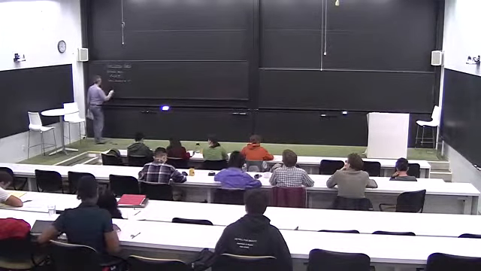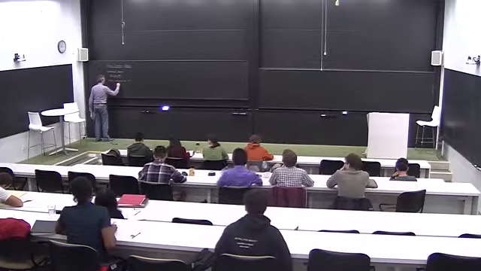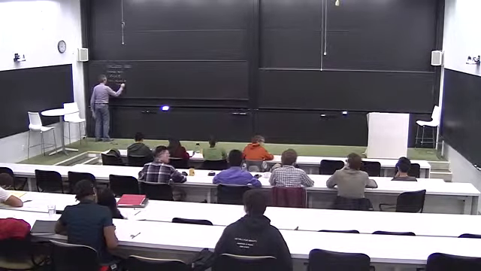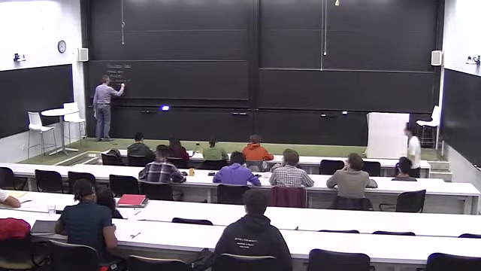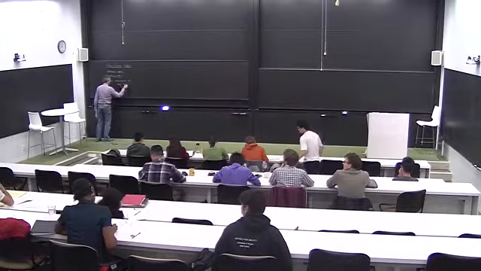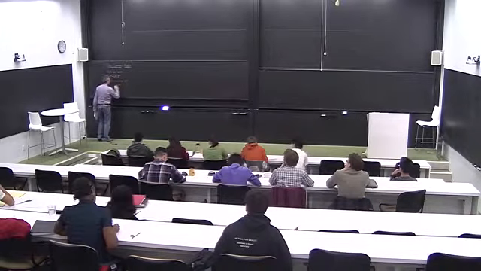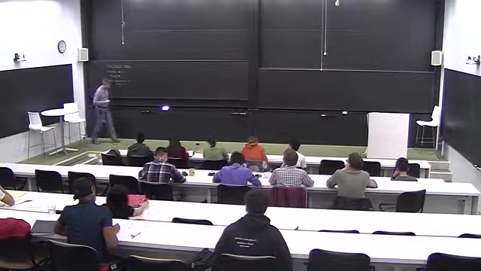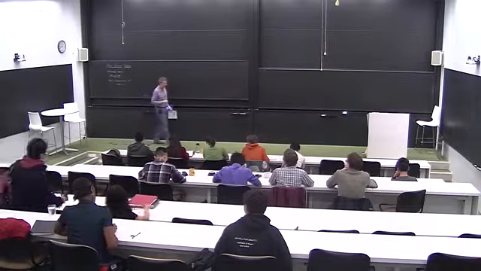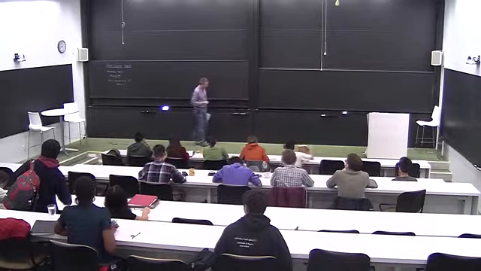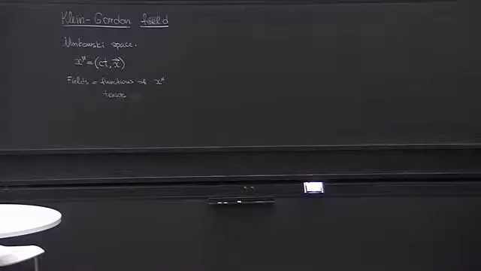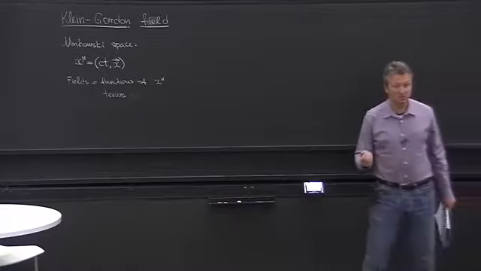So these fields will be tensors with some number of indices. So the fields should transform covariantly under Lorentz transformations. So the simplest example is the field that doesn't transform at all, so the scalar. And the Klein-Gordon field is the scalar field.